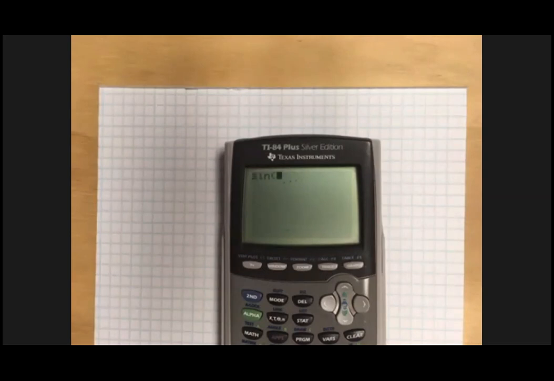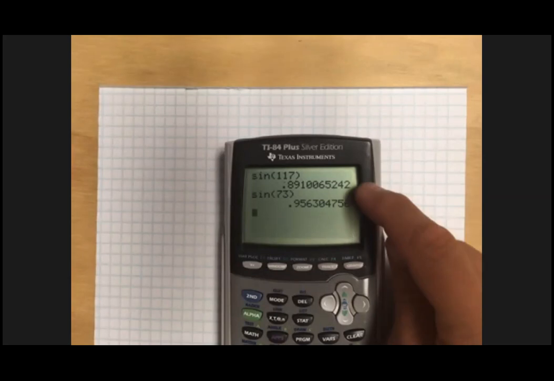But if I type something like sine of 117 degrees, and then I type in something like sine of 73 degrees, I have to understand what these numbers mean.